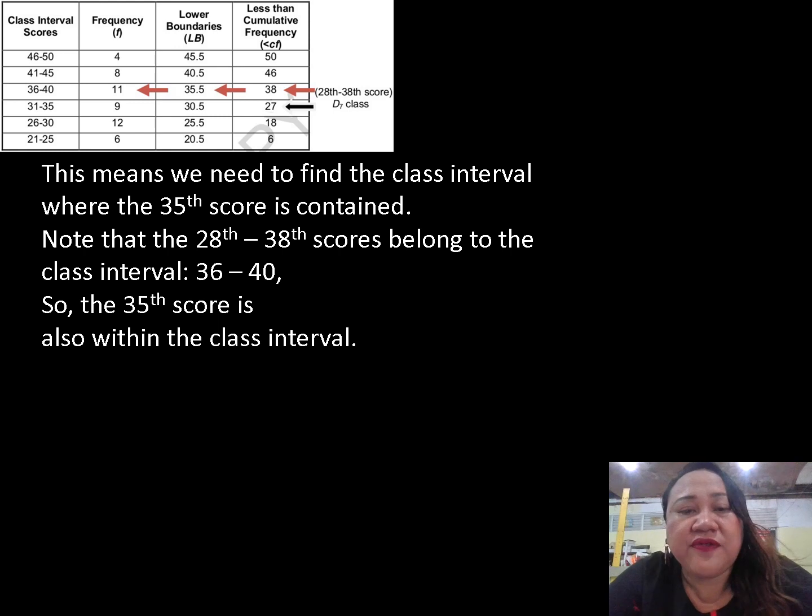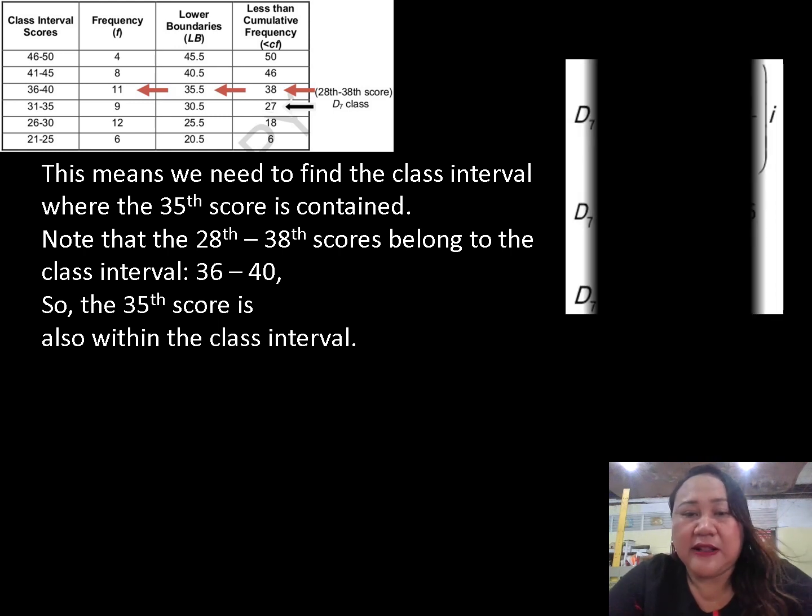The 35th score is in between the 28th to 38th score, since after 27 comes 28. Note that the 28th to 38th scores belong to the class interval of 36 to 40. So the 35th score is also within this class interval.